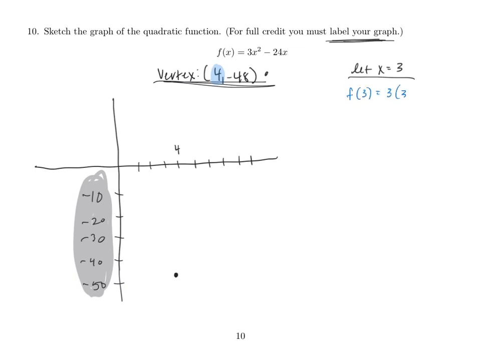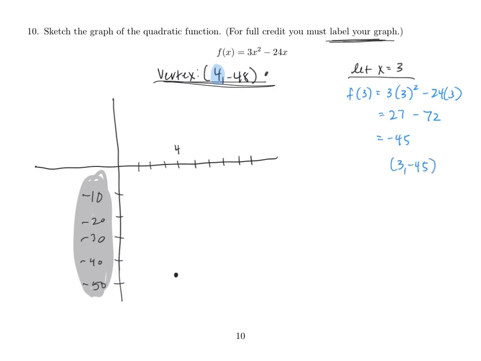Well, all I have to do is plug it in and find out. So that would be 9 times 3, which is 27, minus 24 times 3, which is 72. So 27 minus 72 is equal to negative 45. So I have a point 3, negative 45.